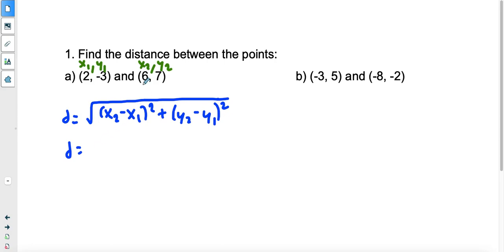Let's plug everything in. My 2 x values are 6 and 2. So the change in x is going to be 6 minus 2.